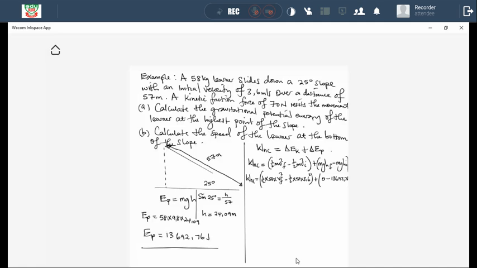So I'm trying to simplify the right hand side so that I can calculate work done by non-conservative force, because my slide here is very small. What are we getting here? 58 divided by 2, I get 29.